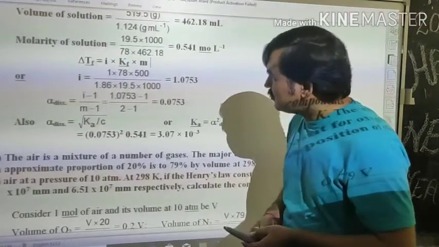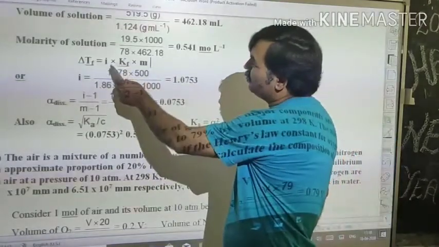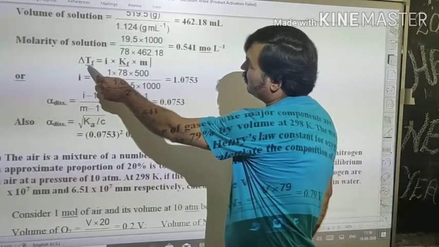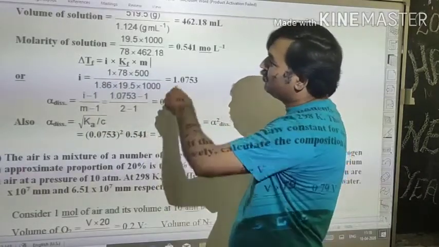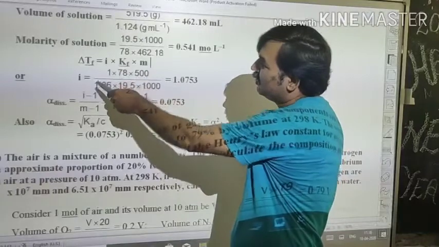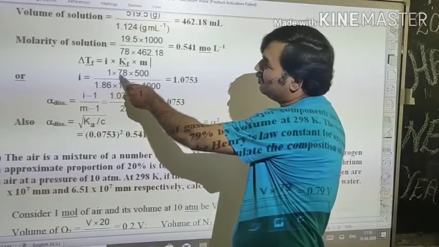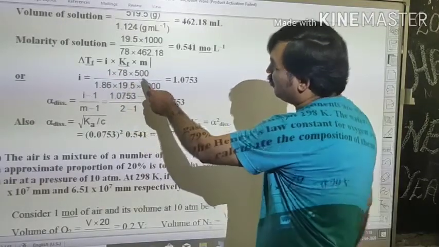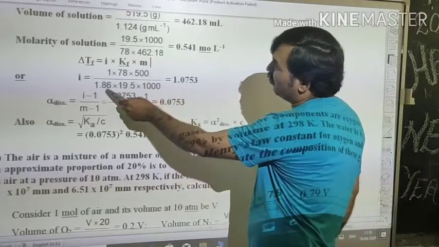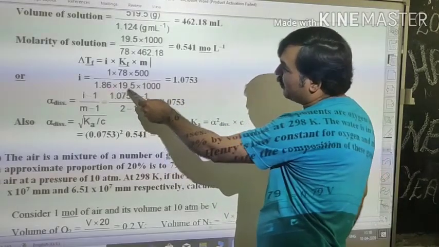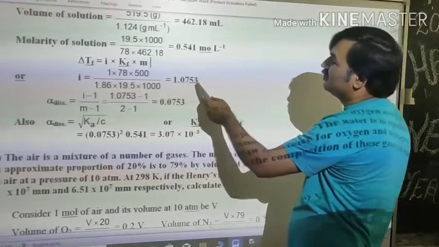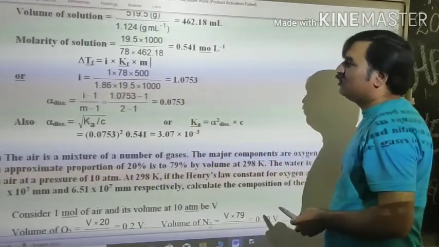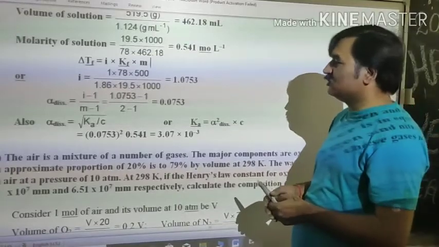So i will be equal to delta Tf upon Kf into m. So if we put the value and rearrange the equation, then we get i is equal to 1 into 78 into 500 upon 1.86 into 19.5 into 1000, and i comes to be 1.0753. It means it is very less ionized in solution.